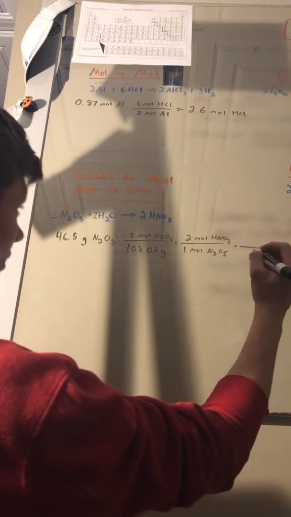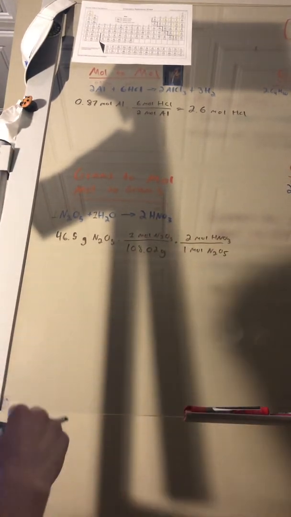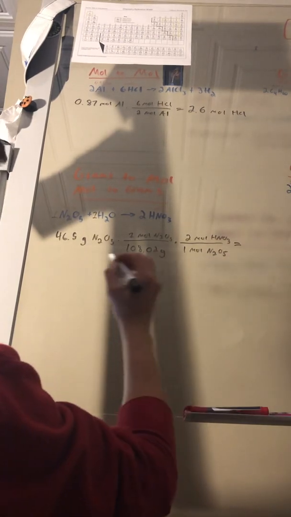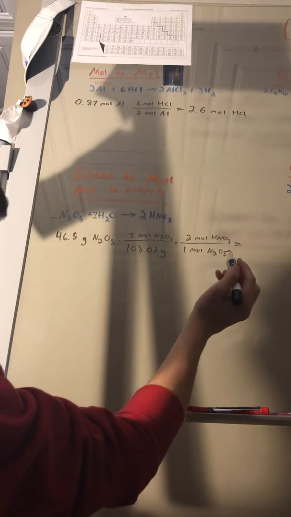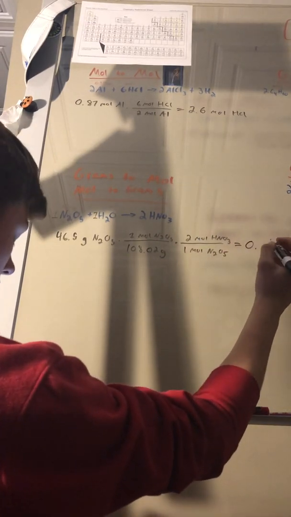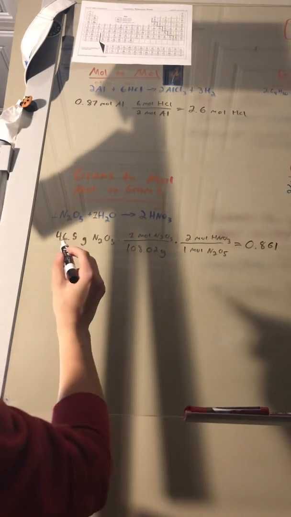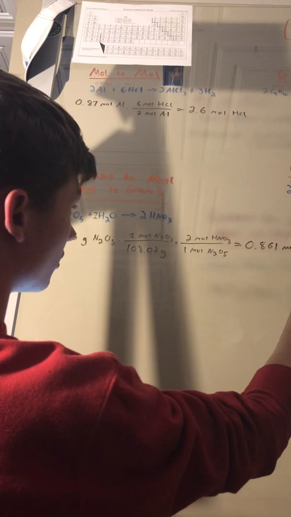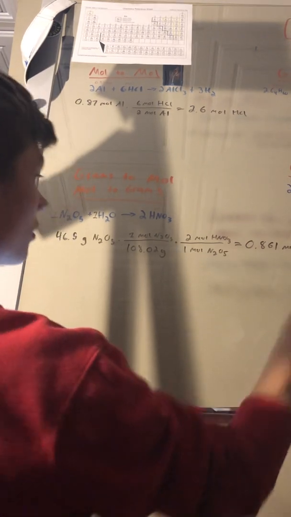So then all you want is moles for this equation. You're just going to finish right here, multiply across, 46.5 divided by 108.02 times 2, and it's going to be 0.861. Again, you have 3 sig figs because of what's over here. So 0.861 mole of HNO3.